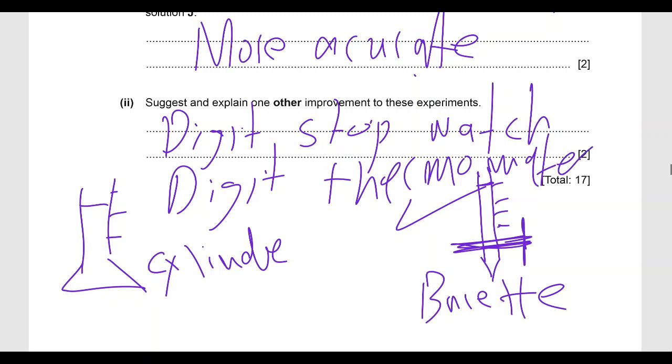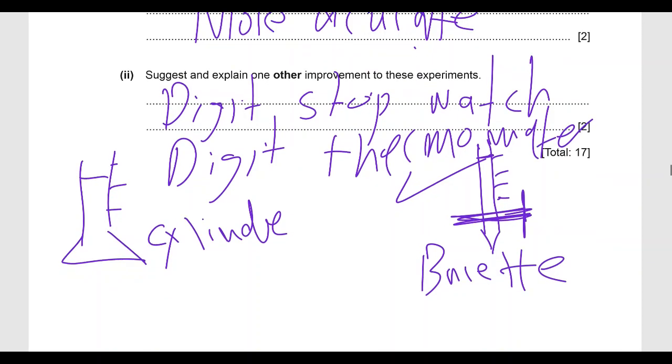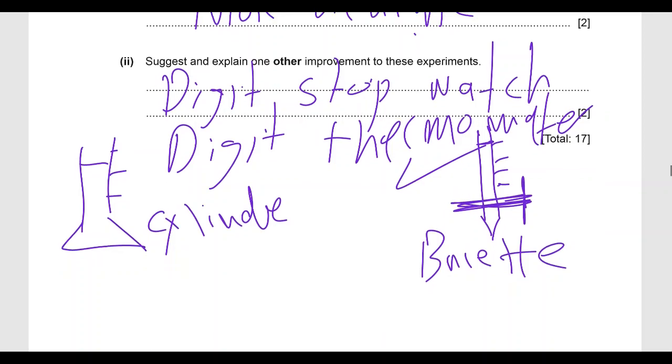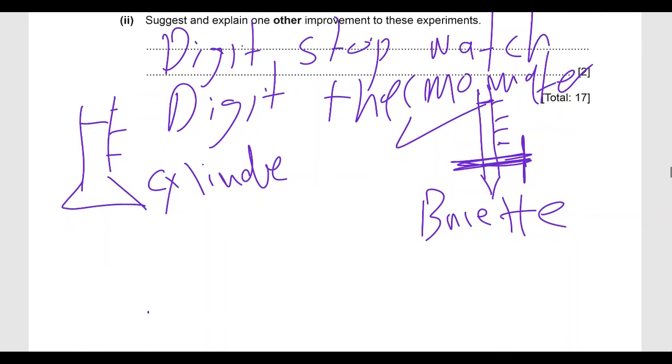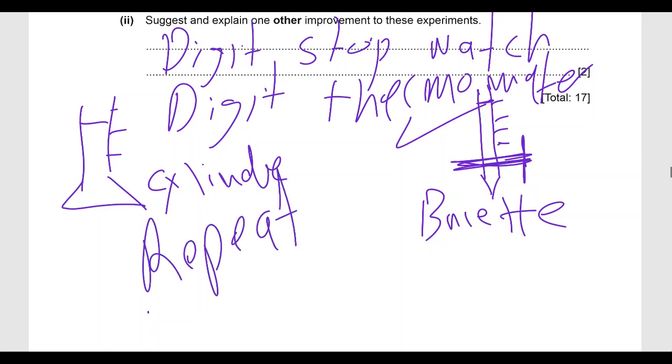Or you can repeat the experiment at least 3 times, then take the average. Okay, so all of these options will give us more accurate results, or these are options to improve this experiment.